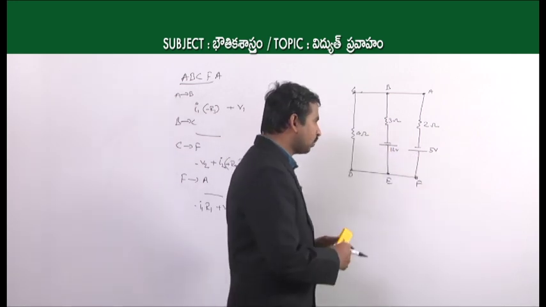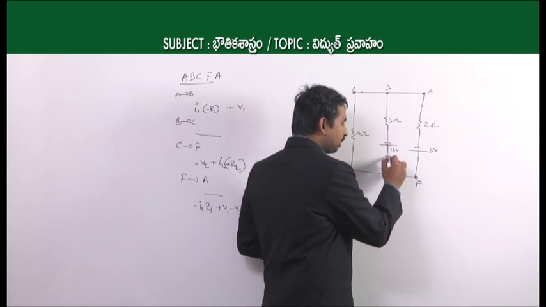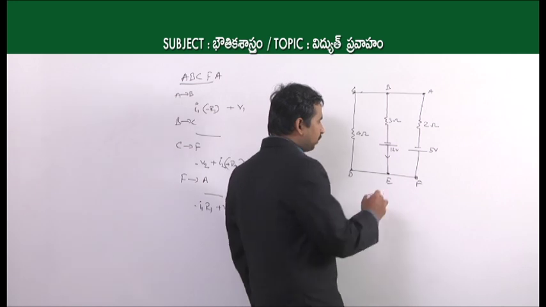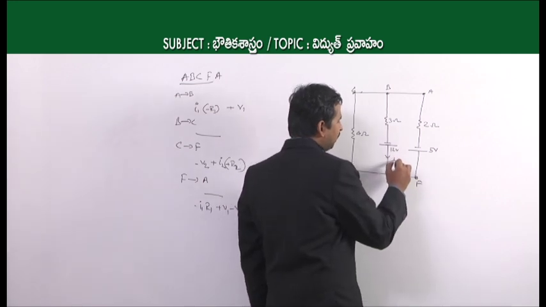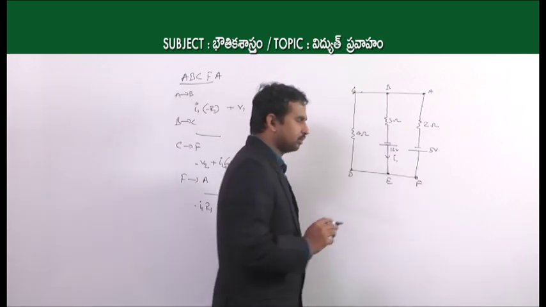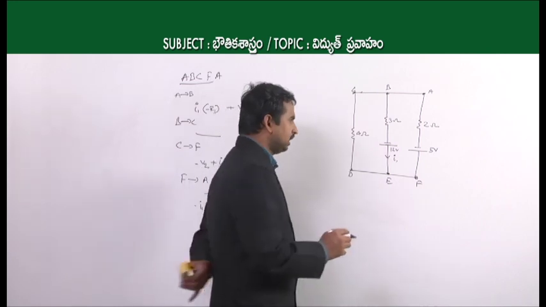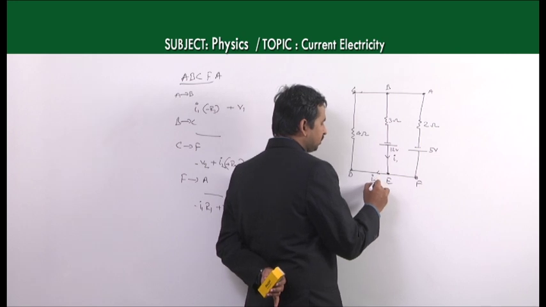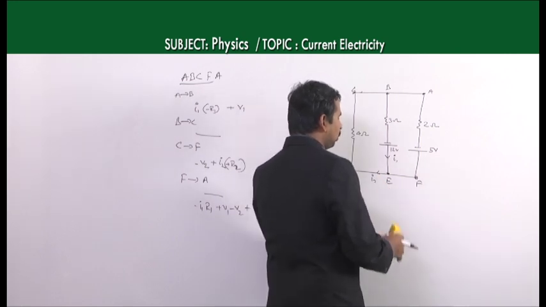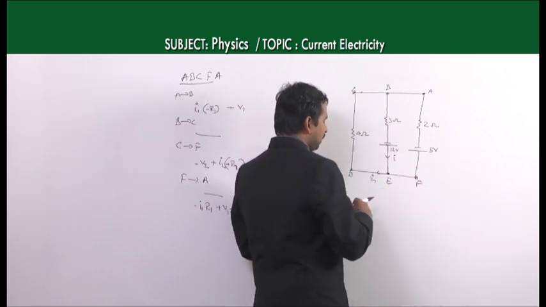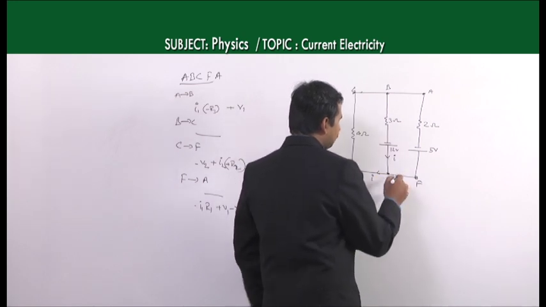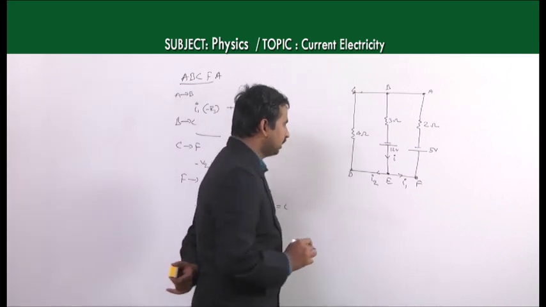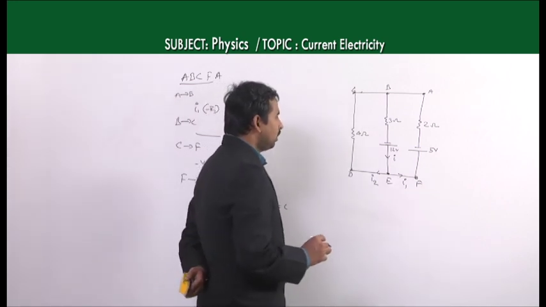Then the current will start from the 12 volts battery. Let it be I1. At this junction point the current divides. If the total current is I, then from here I1 goes one way and I2 the other way.